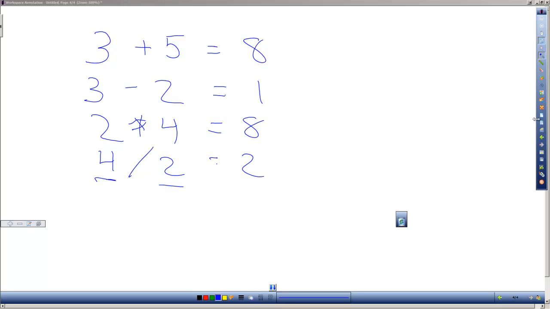Now, here's that modulus division. If we did, let's say, 5 modulus, what we normally say is 5 mod 2, well, 5 divided by 2, the integer or whole number portion of that is 2, but it would have a remainder of 1.